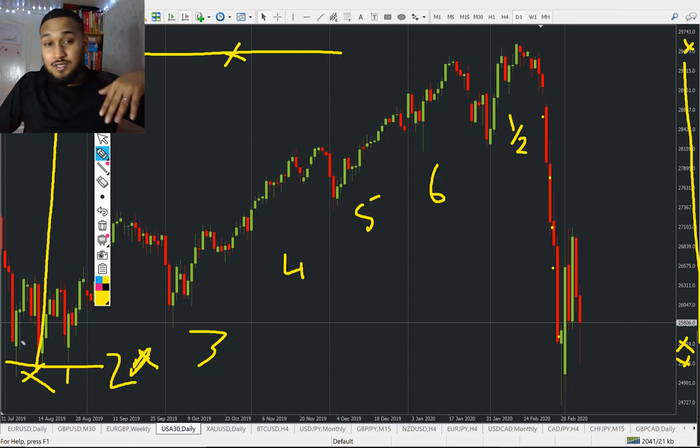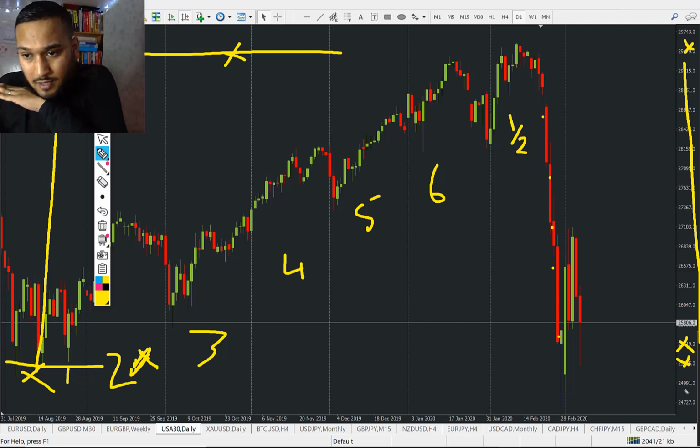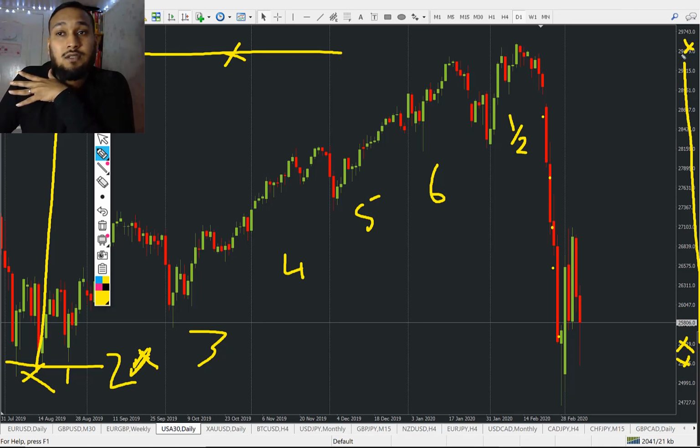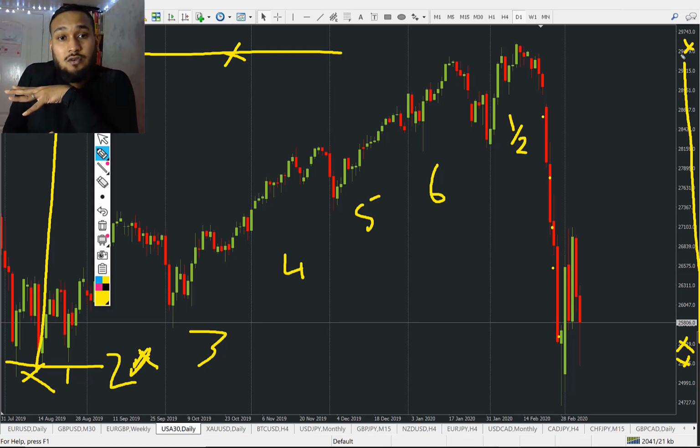What took 6 months to climb, from about 25,000 to 29,500 ish, nearly 5,000 points, took 6.5 months to cover that distance. And like I said, when price drops, it drops very quickly. So price likes to take the stairs up and the elevator down.